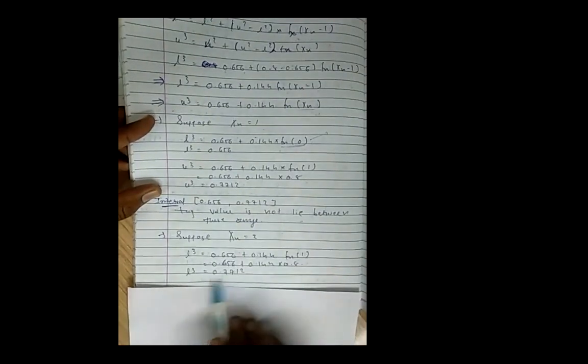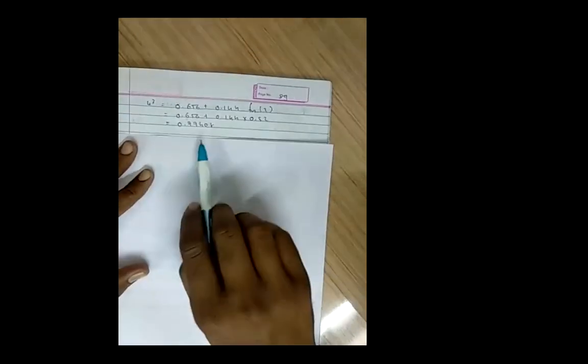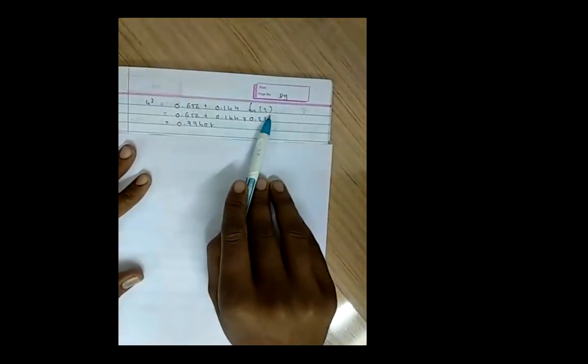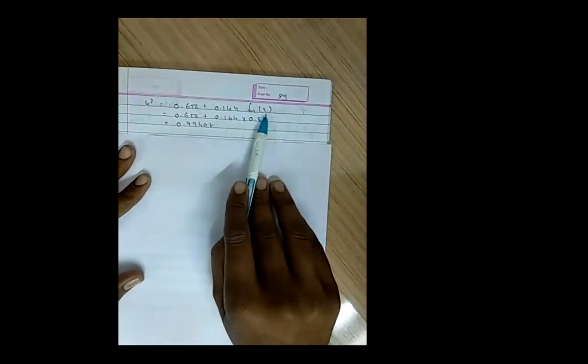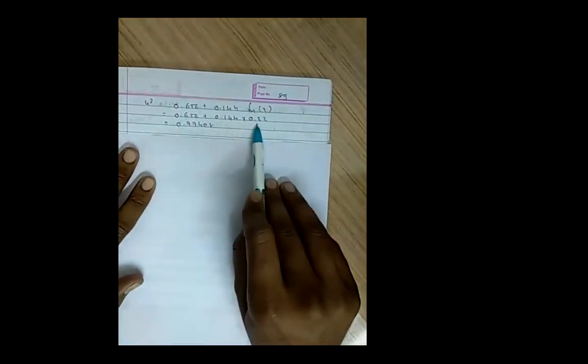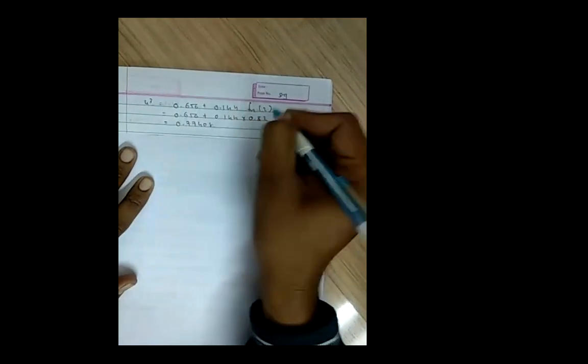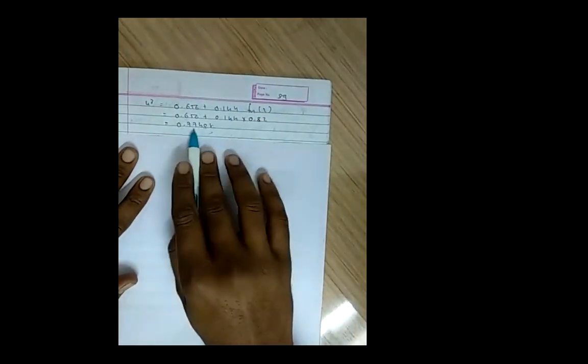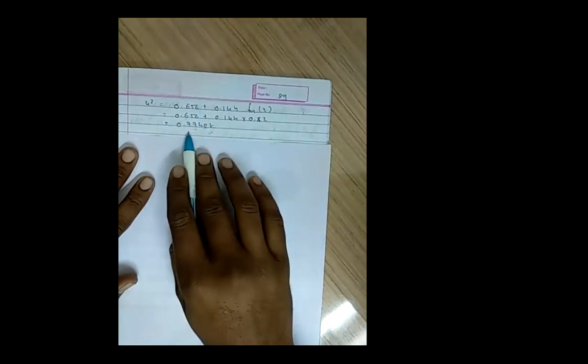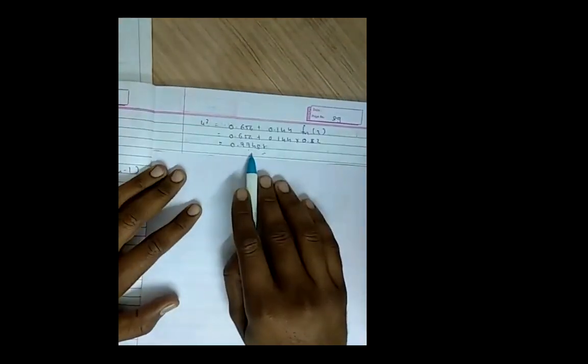So here L3 will be 0.7712, and what about U3? Okay, so here U3 will be F of x at 2. F of x at 2 will give you 0.82, and you just calculate those values. And again, my same question: will my tag value lie between these two ranges?